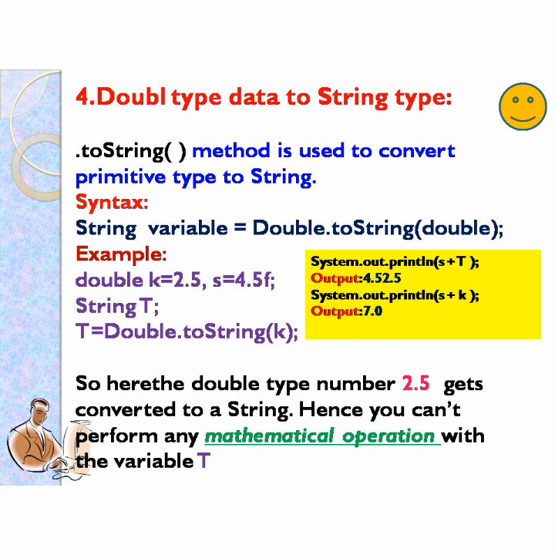See the example, System.out.println(s + t). Here s is double type and t is string. So the answer is 4.52.5 as a string. The second one, System.out.println(s + k), as both are double type. So here you have to add. You will get the answer 7.0.